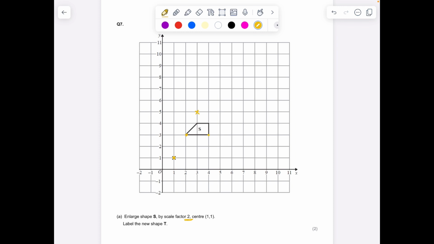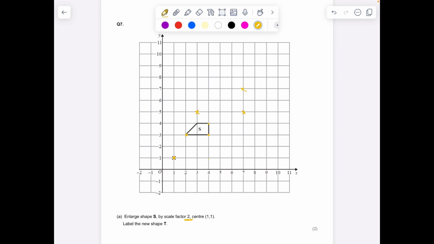To get to this corner, I go across 3, up 2. So I'm going to do it one more time, across 3, up 2. So my new corner is now here. Now let's do this corner here. Across 3, up 3. Across 3, up 1, 2, 3. So it's now here.